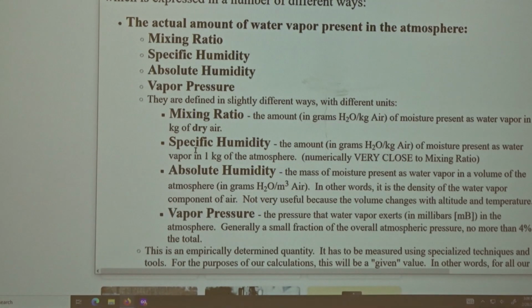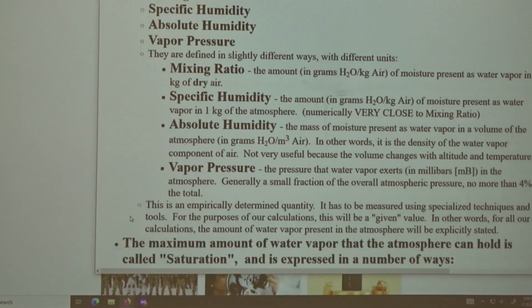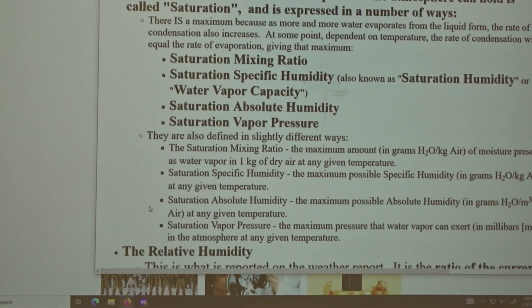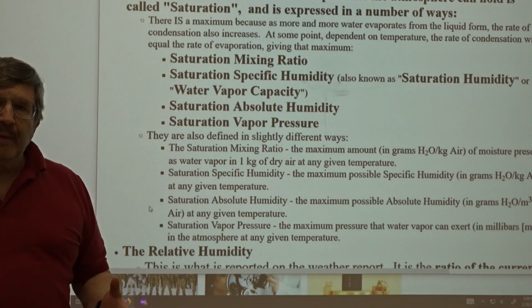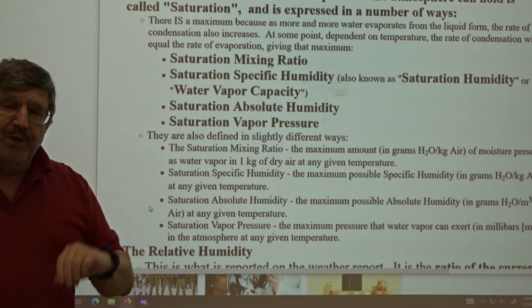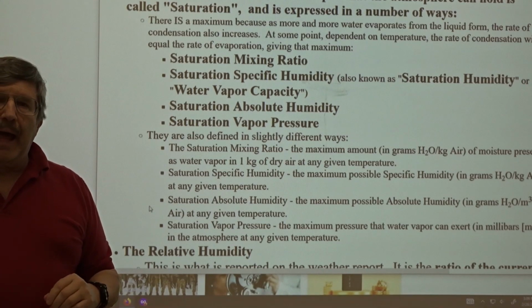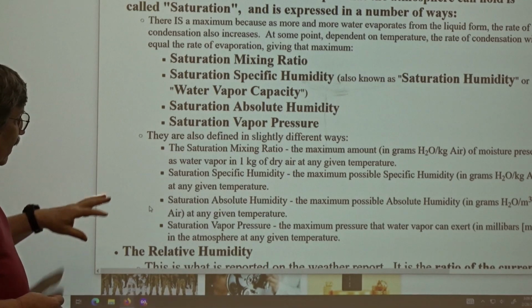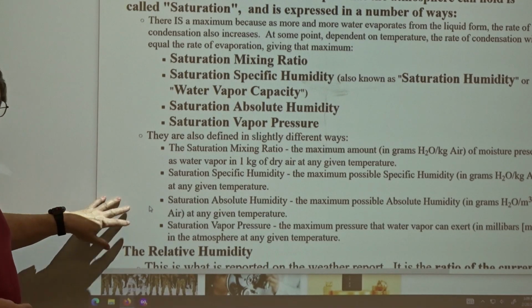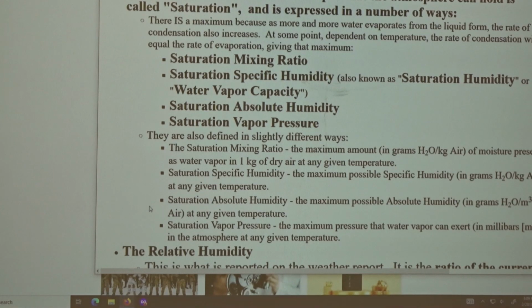On the other hand, the saturation humidity, which is right here, is a function of temperature. The warmer it is, the more water molecules you can have in the atmosphere as water vapor. And these values have been measured, the maximum values have been measured.